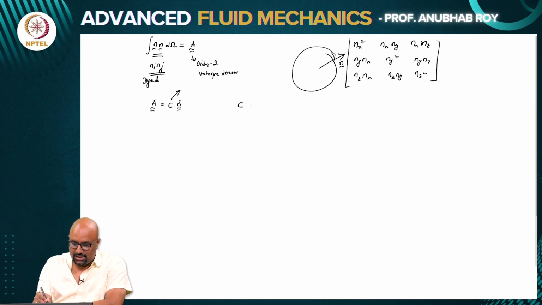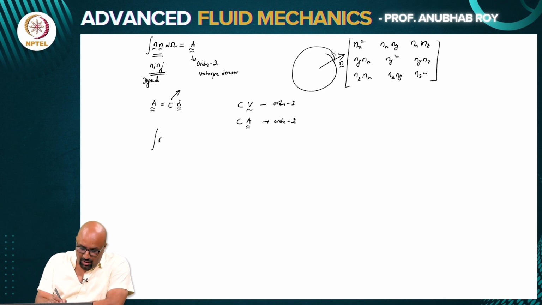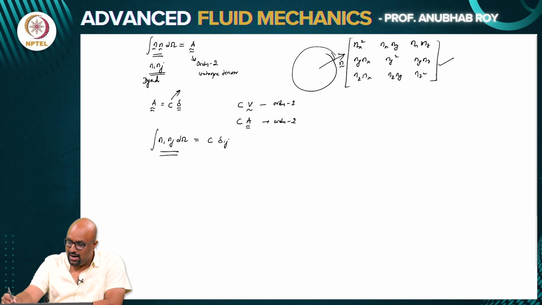So, a constant c, some scalar multiplying a vector continues to remain order 1. A constant c, some arbitrary constant c multiplying any tensor continues to give me that same order. So, the order does not change and the isotropy does not change. So, what I have now is that this integral actually involves doing integration over 9 components.